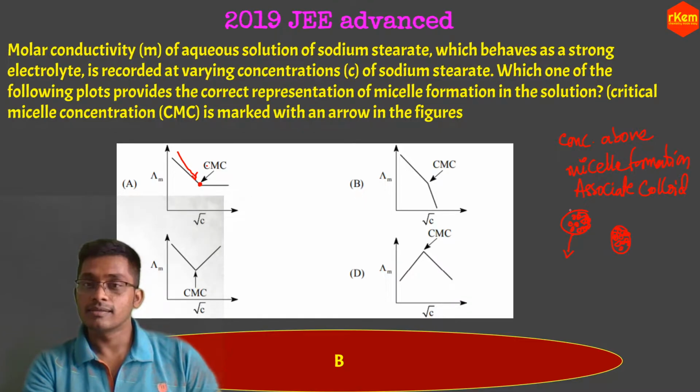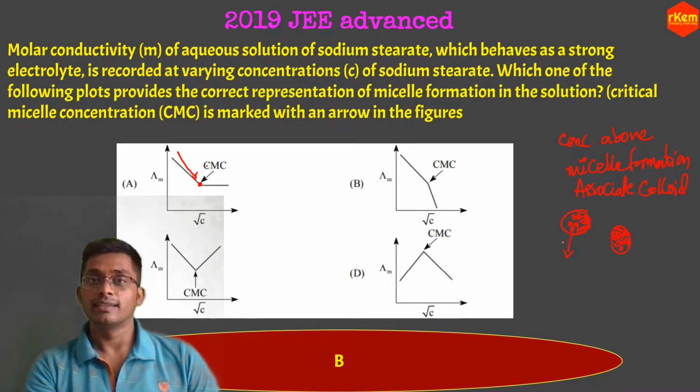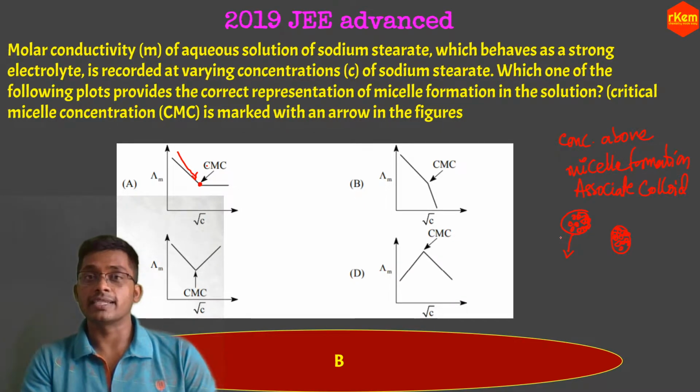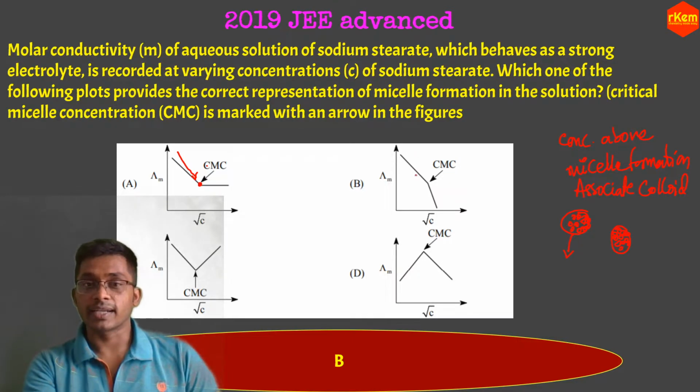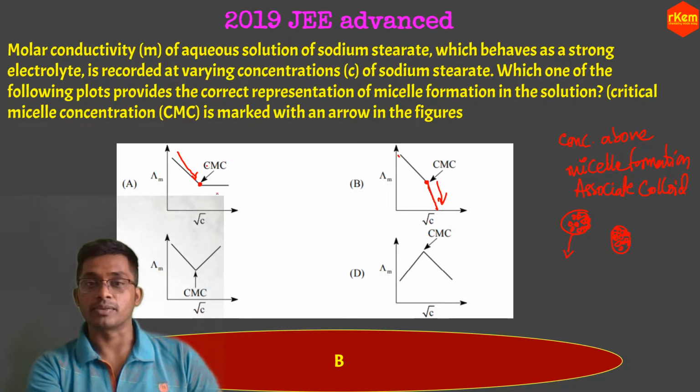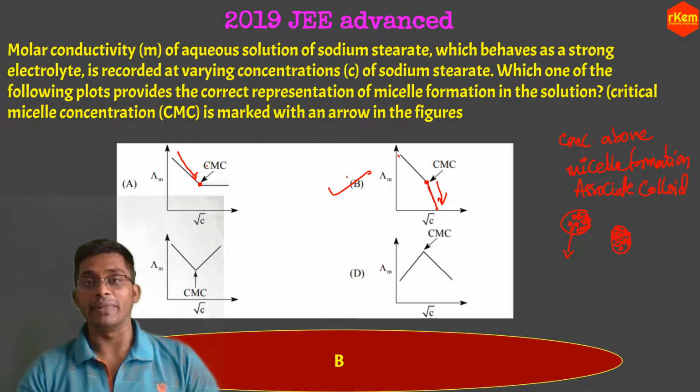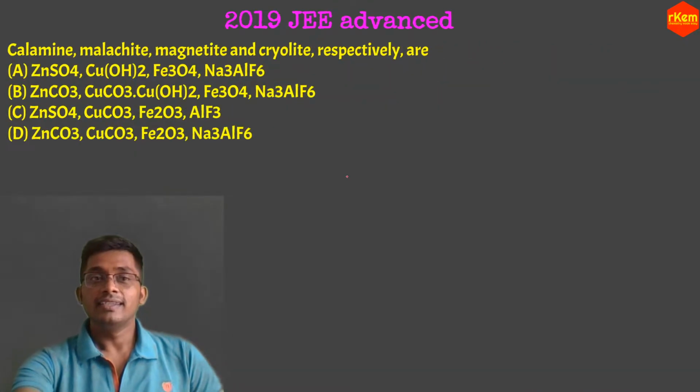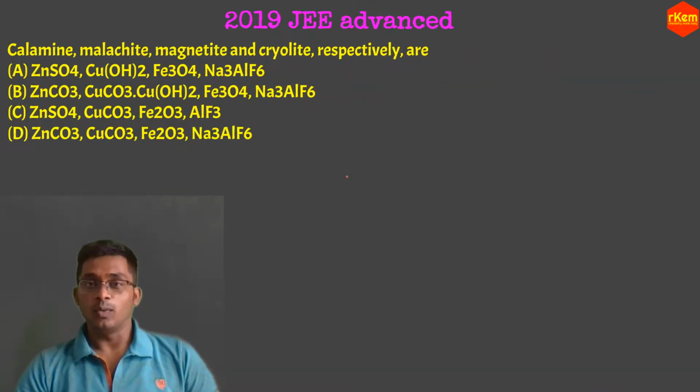So the number of particles is decreasing. Number of particles has a direct relation with conductance, right? So conductance should decrease after critical micelle concentration. So there is only one option you can see. Wrong options you can eliminate. A, C, D are wrong. The only correct option is B.